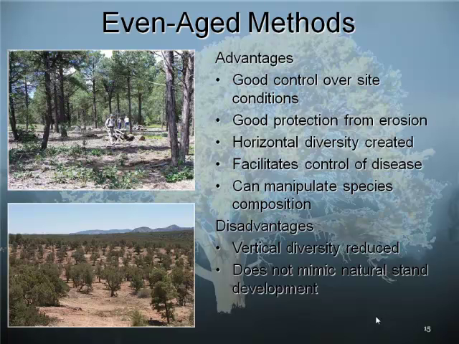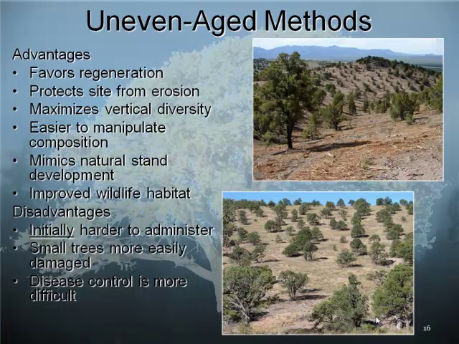So you can see the advantages. You've got control of the site, protection, erosion, horizontal diversity. You can control disease and manipulate species. Your vertical diversity is reduced and doesn't really mimic natural stand development. Uneven-aged methods.